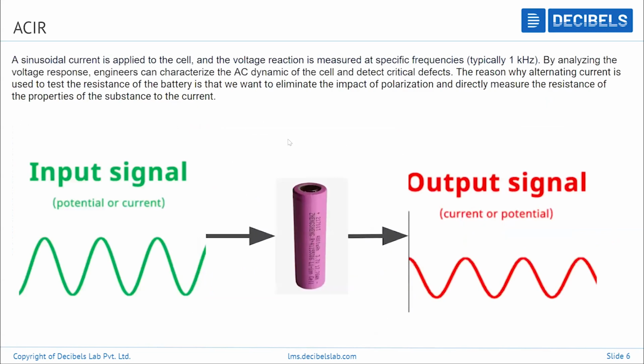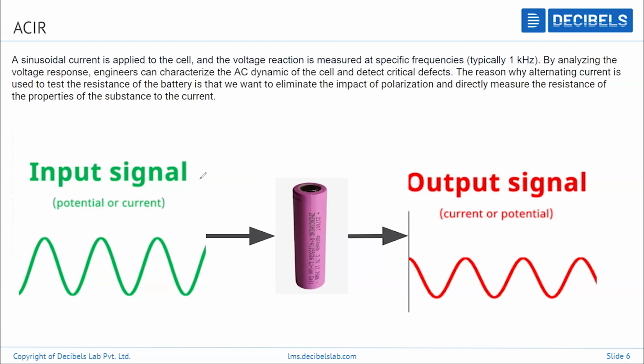Before discussing what all other behaviors can be captured, let's try to understand what ACR is. Let's say a cell. In the DCR, we used to charge or discharge, or apply the pulse current, which is the DC current, and we used to get the output.